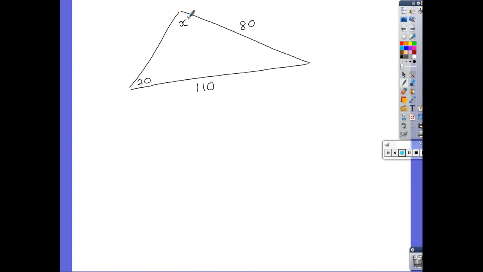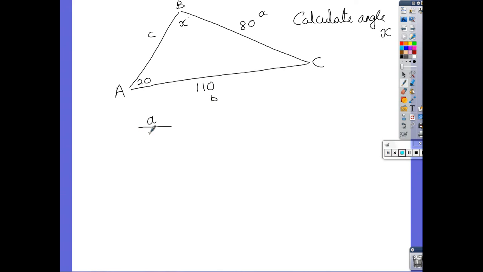We're trying to find an angle, so it says calculate angle x. So let's start going with that. So we'll label up our triangle first of all. So I'll just call that A, call that B, and we'll call that C. So this is side A, side B, and side C.